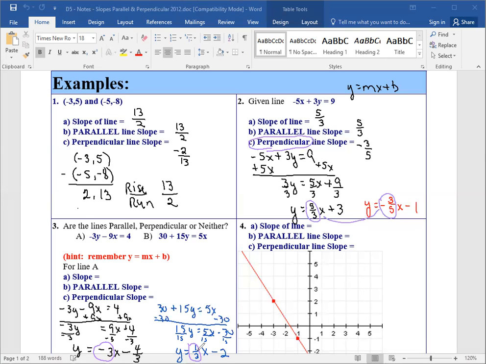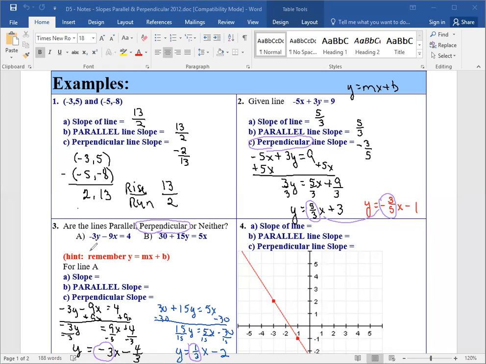Are they perpendicular? Well, -3 turned upside down is -1/3, and then I change the sign, I get positive 1/3. Okay, so these in fact are perpendicular. If none of these would apply, then they would be neither.